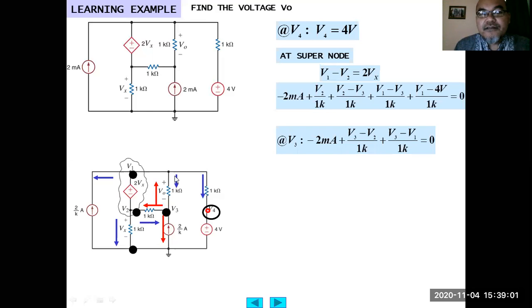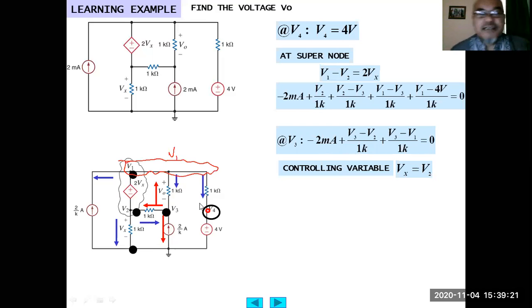This is the V1 node basically, a single node because it is connected. The controlling variable Vx is defined as the same as V2.